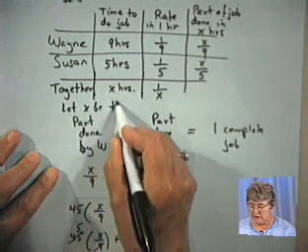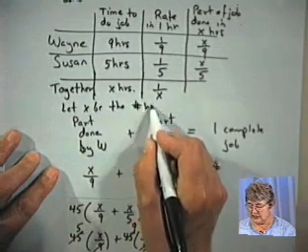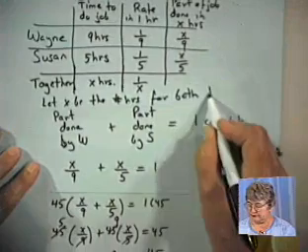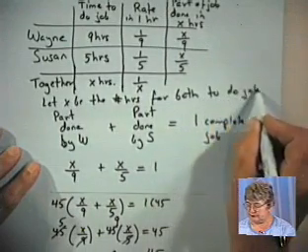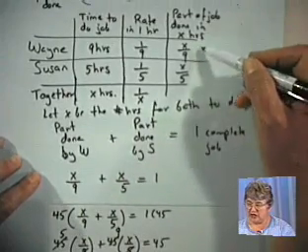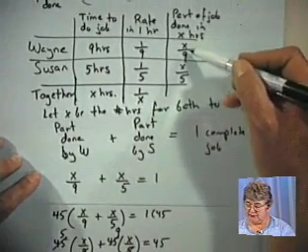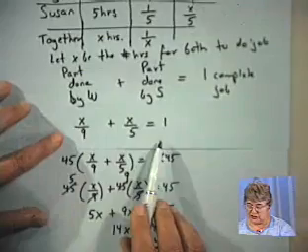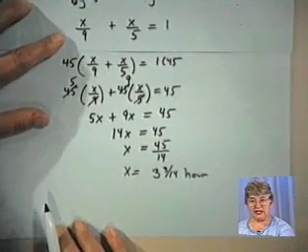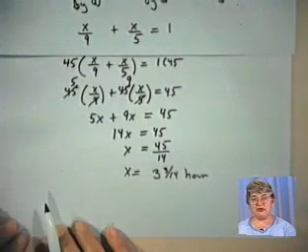Let x be the number of hours for both to complete the job. Once we have that, we fill in the third column, which is part of the job done individually. Then we come to an equation. We solve for the time it takes them to do the job together.